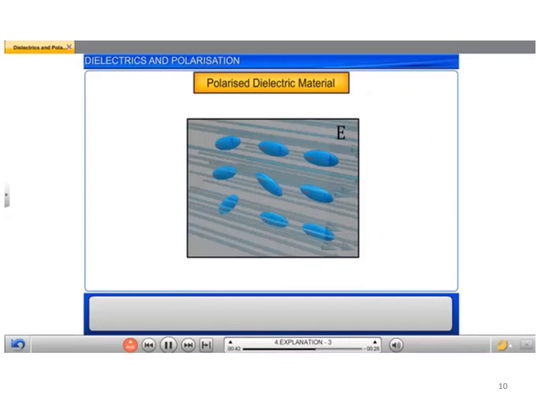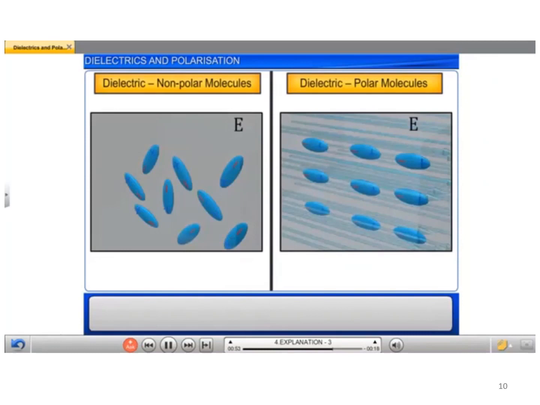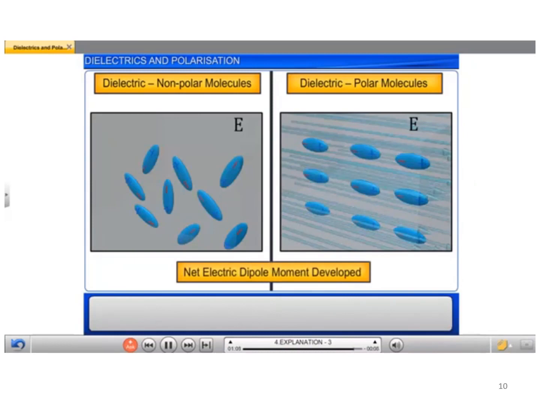In general, the alignment increases with increasing electric field strength and also with decreasing temperature. Thus, we observe that the dielectric material is polarized irrespective of whether it is made of polar or non-polar molecules, and they develop a net electric dipole moment in the presence of an external electric field.